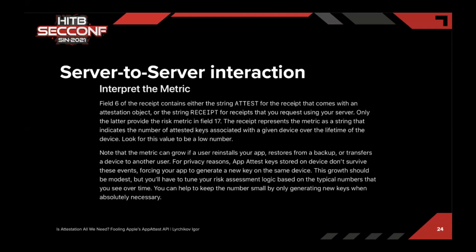Server-to-server interaction. Here you can see that it's declared that this metric can grow if the user reinstalls the application, restores from a backup, or transfers a device to another user. So for privacy reasons, AppAttest keys are stored on the device, they don't survive these events, and you have to generate a new key on the same device.